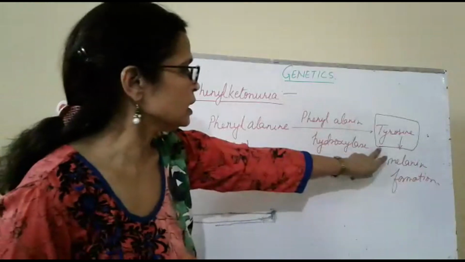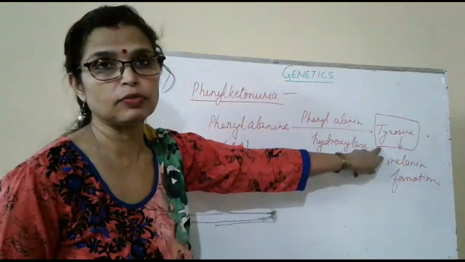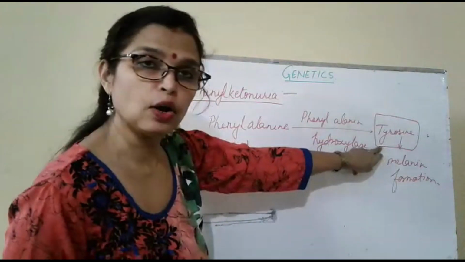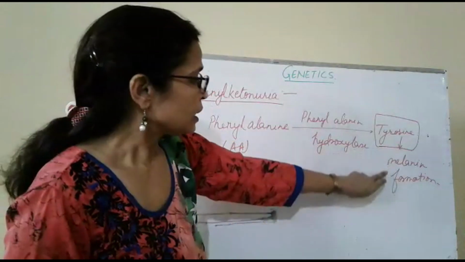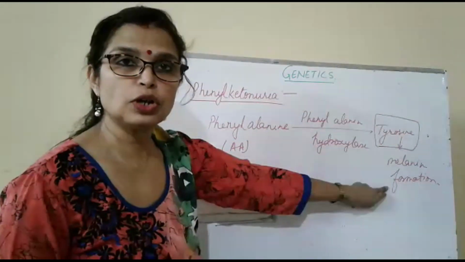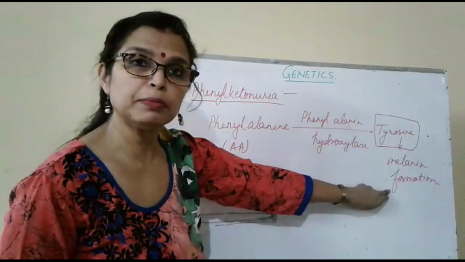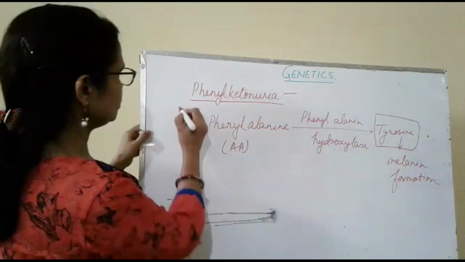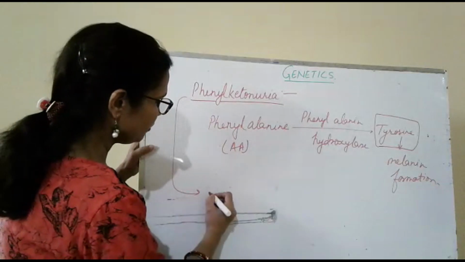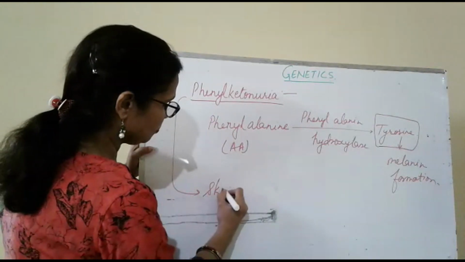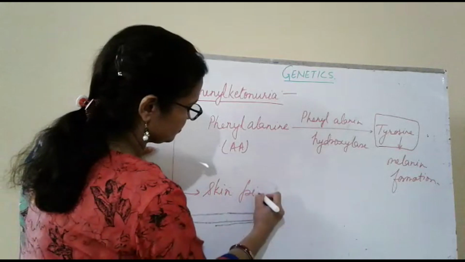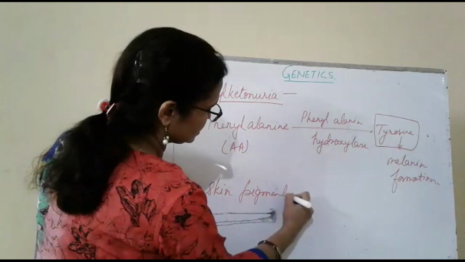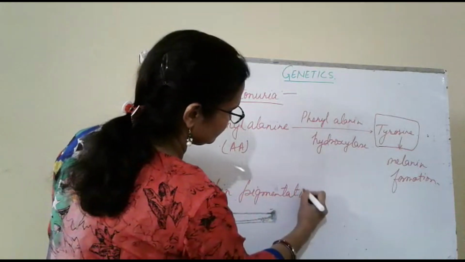Tyrosine is not formed in the liver, and due to lack of tyrosine, melanin production is also stopped. So skin pigmentation is affected. So in phenylketonuria, one effect is that skin pigmentation is disturbed.